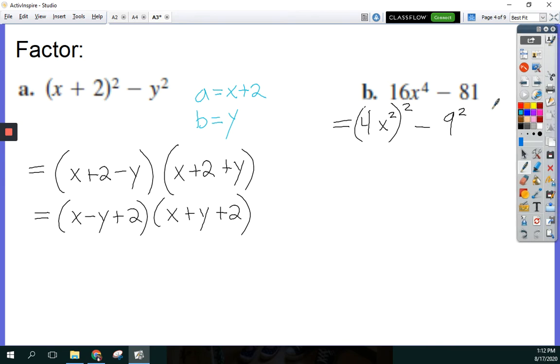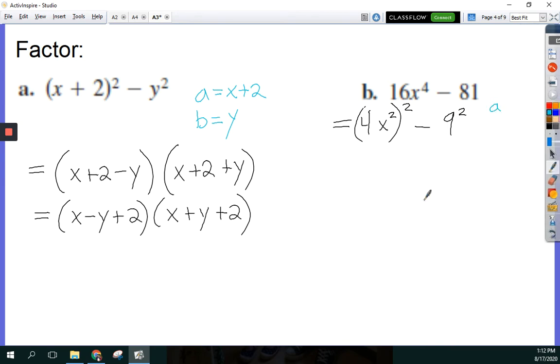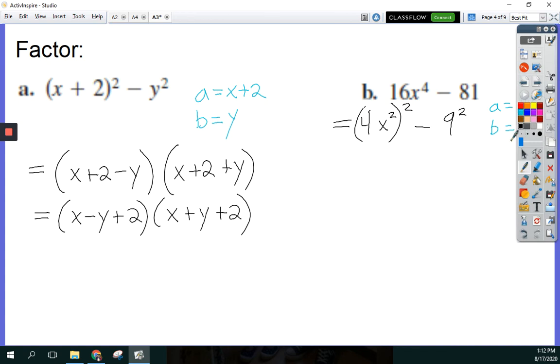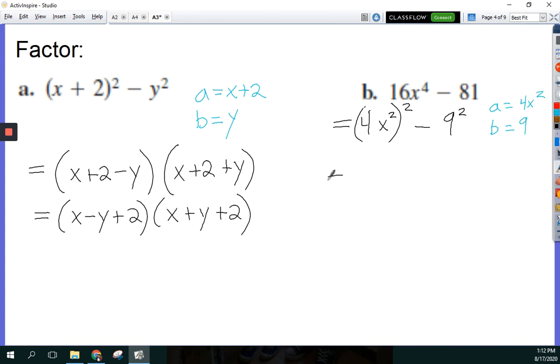And so now it's a little bit easier to tell that our a value is going to be 4x squared, and our b value is going to be 9. So again, applying that handy dandy formula, we get 4x squared minus 9 times 4x squared plus 9.